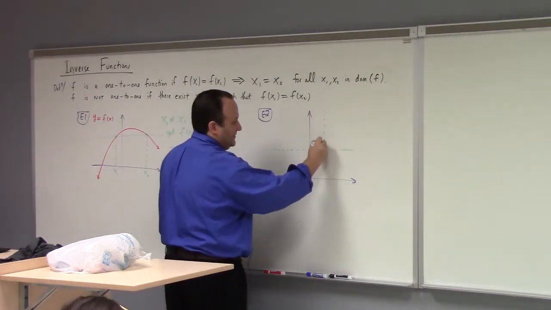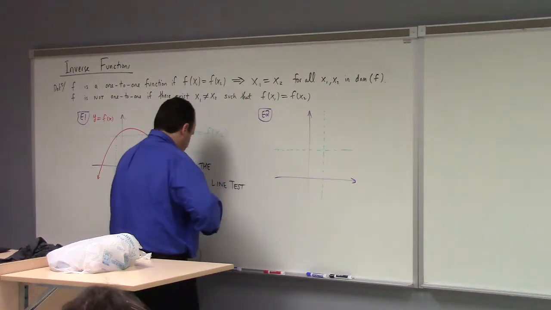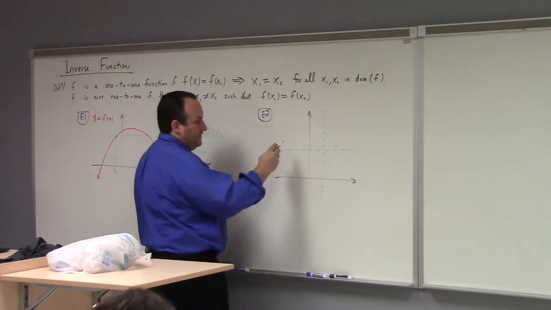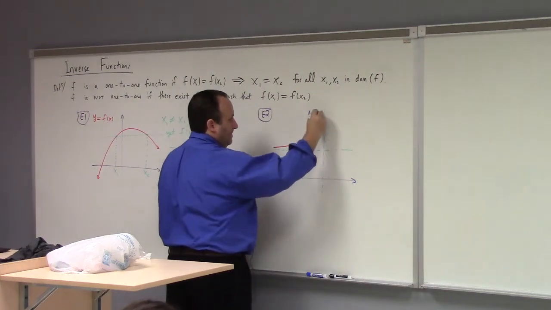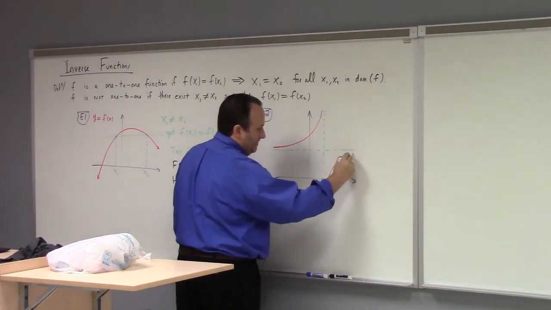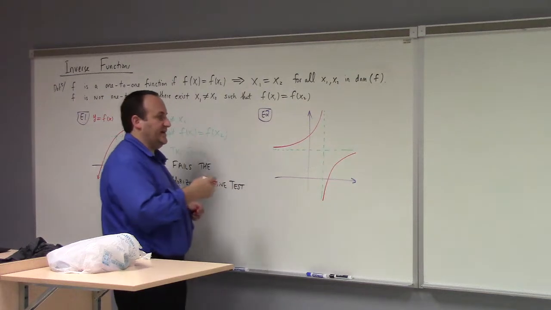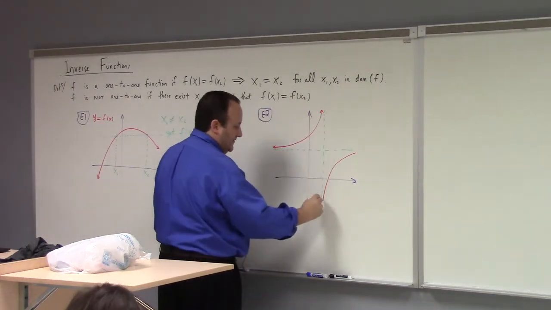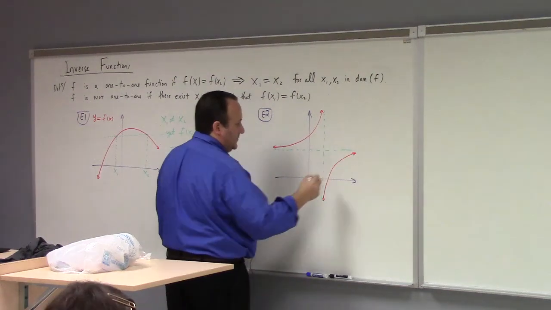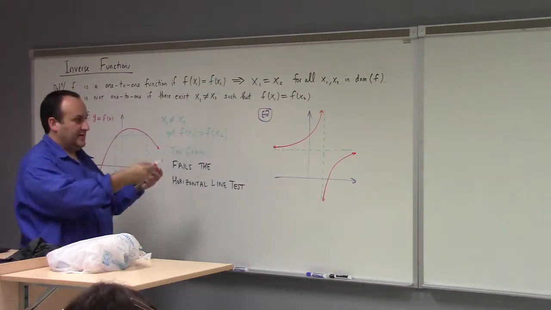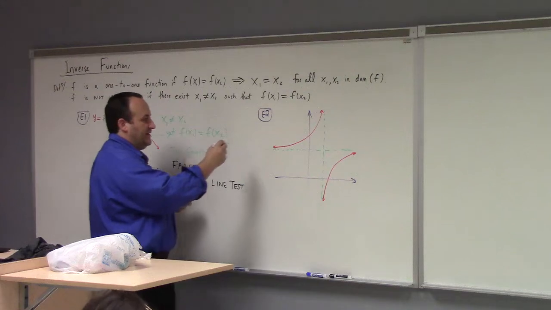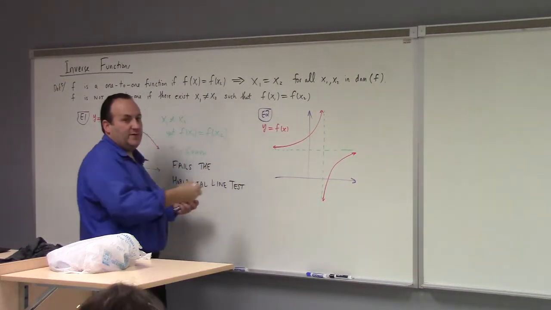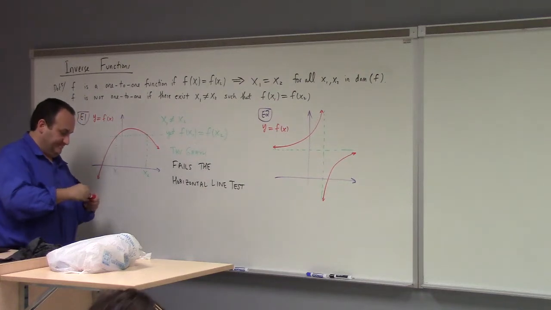The graph could look like this. It's got a vertical asymptote and a horizontal asymptote as pictured. I don't really care about the numbers so much. This function, y equals f of x, would be a one-to-one function.